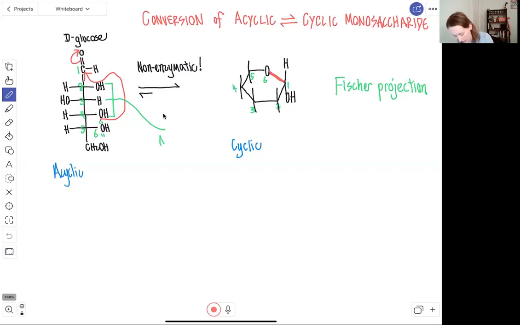So atoms that are on the right in this acyclic structure are going to become atoms that are oriented downward in the Fischer projection cyclic form.